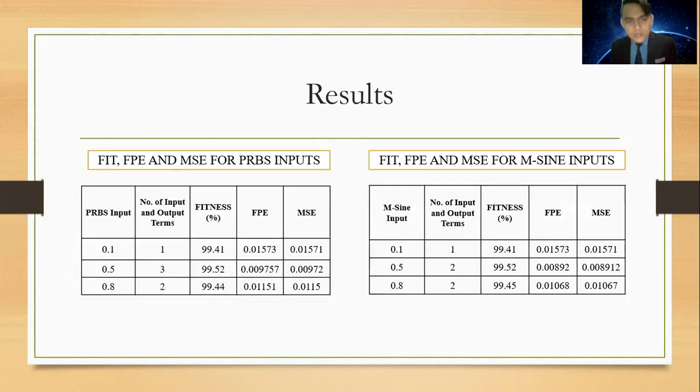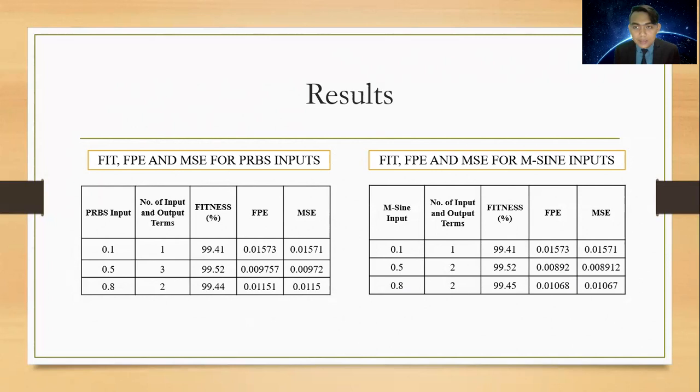Then the next one is the result. There are 2 inputs, which are PRBS and multisine. From these inputs, we will obtain the values of best fit, FPE, and MSE based on the number of input and output terms.